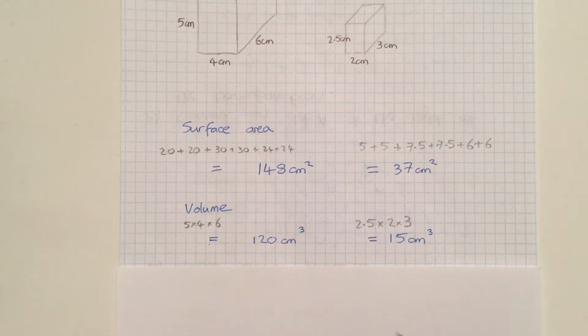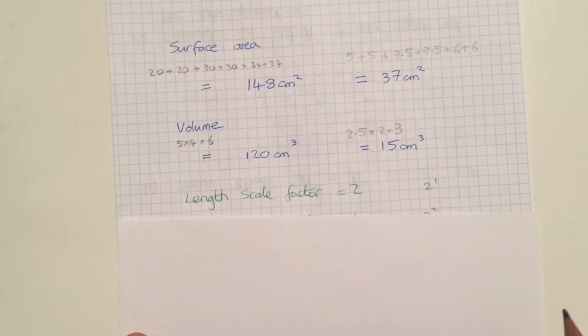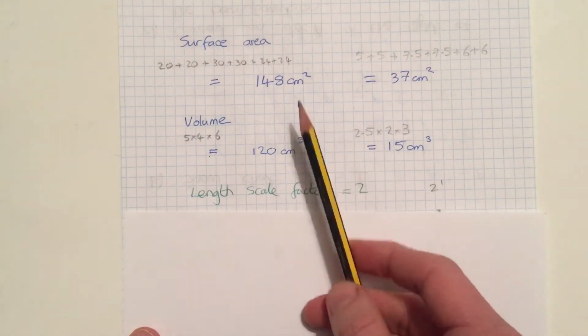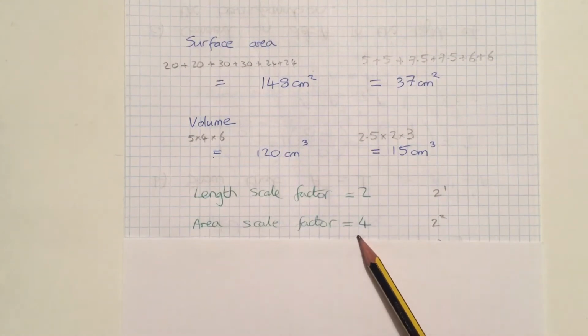So how many times bigger is the area and the volume? If we actually divide these, we can work out what the surface area scale factor is and the volume scale factor. We've already seen that the length scale factor was 2. If I did 148 divided by 37, I would find that the area scale factor is 4.